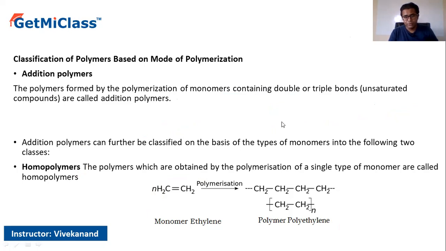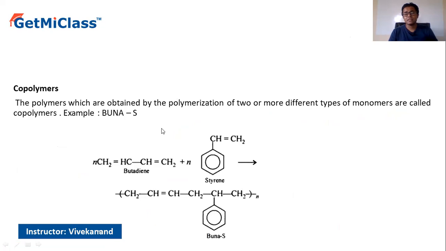Okay, so we'll take a look at copolymerization, and that is Buna S, the butadiene styrene polymer. A polymer which is formed by the polymerization of two different types of monomers, we call a copolymer. For example, what we have is Buna S, butadiene styrene polymer.